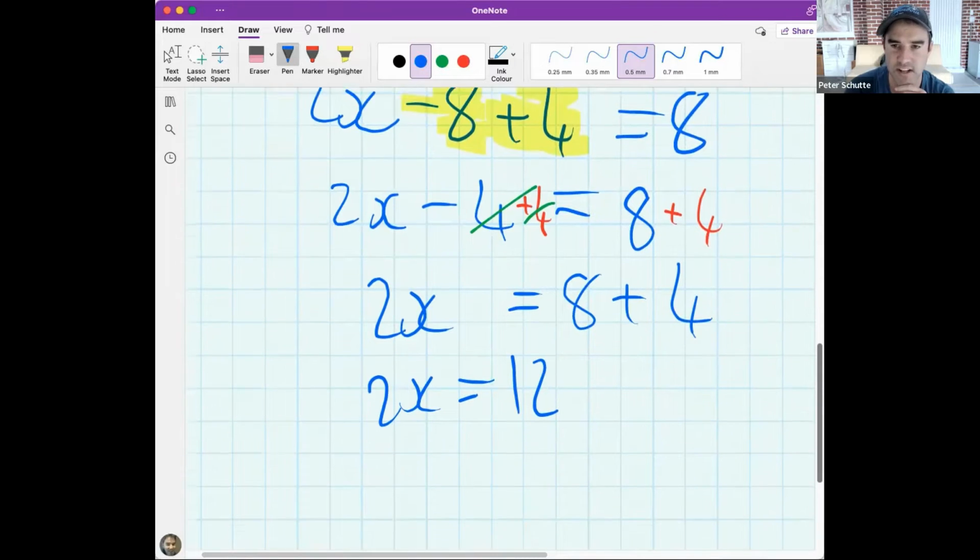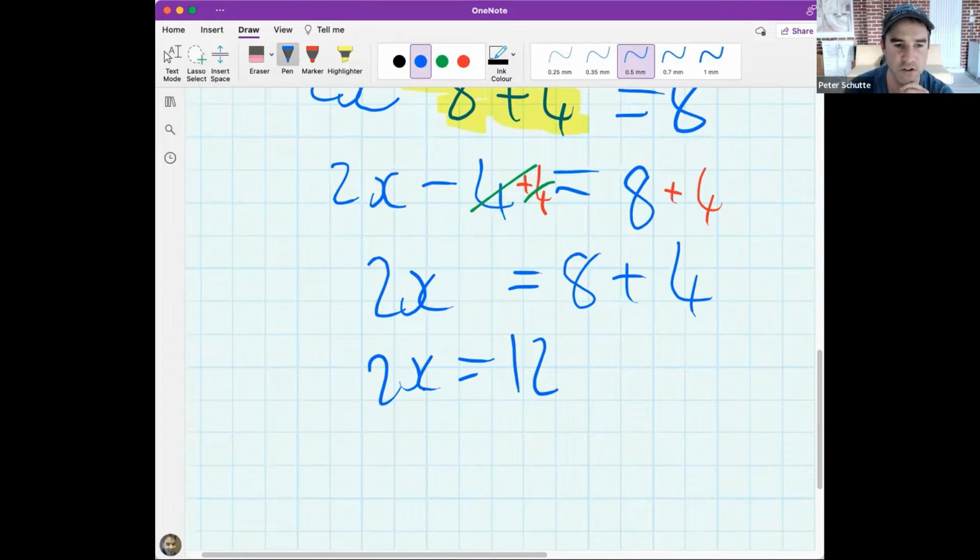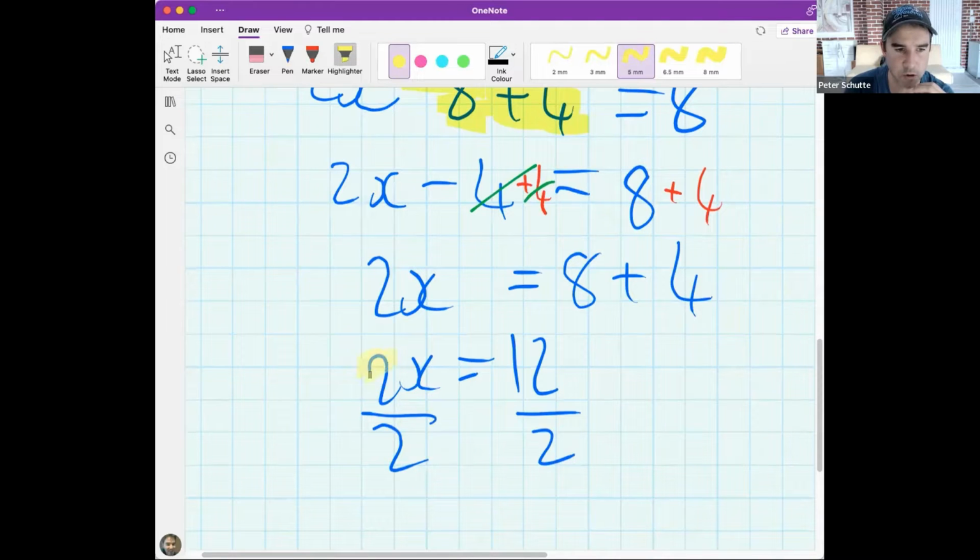And then my last step, pop it in the chat. What do I need to do to get x to be lonely? So x is going to be 6, Rachel, I agree. All I'm going to do is divide both sides by 2. And again, just to point out why I'm dividing by 2, at the moment, the 2 is being multiplied by x.